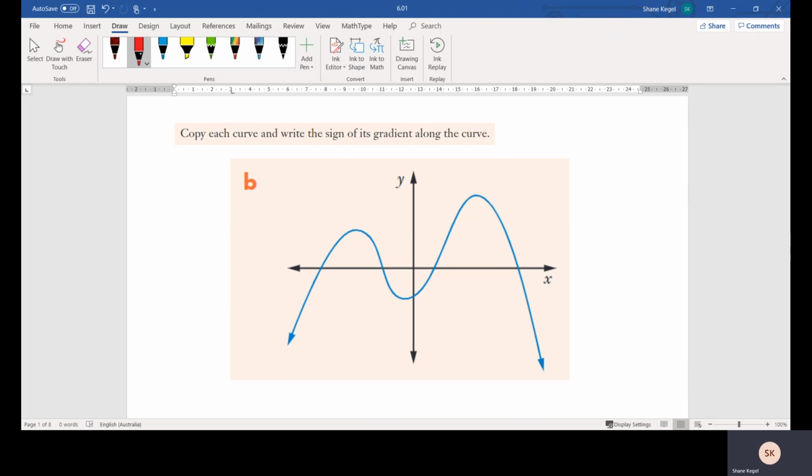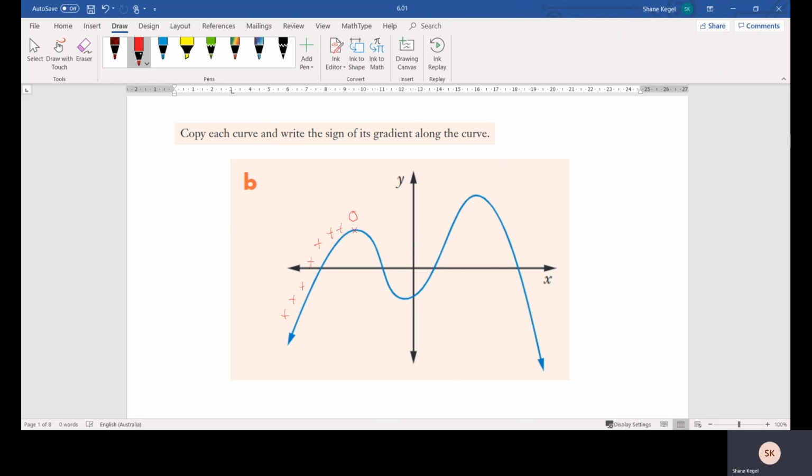At the leftmost of the graph, we have a positive gradient, so the graph is increasing over time. It will be increasing all along here until we hit our 0, which would have a gradient of 0, or a turning point.